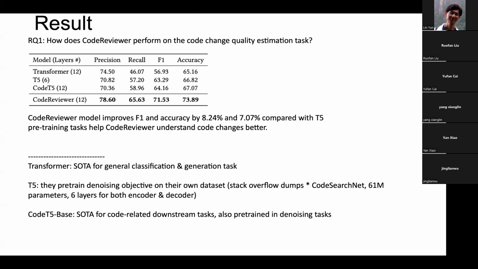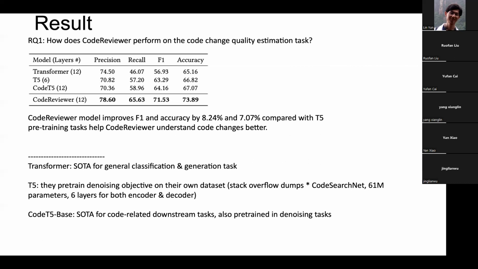So the baselines use a different pre-training data set from CodeReviewer, is it? I think yes. They said they used their own data set. So is that fair? Yeah. But I think they use the same data set. The transformer T5 and code T5 use the same data set as the others.